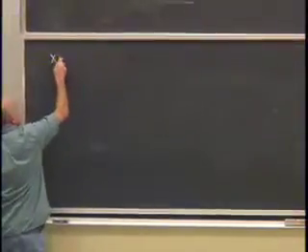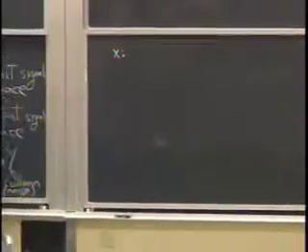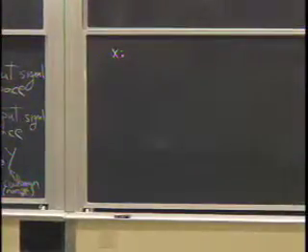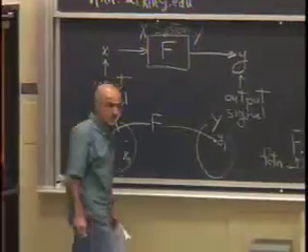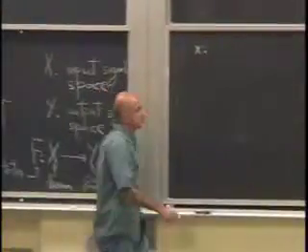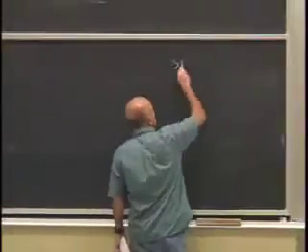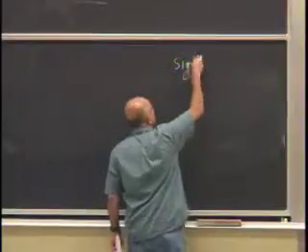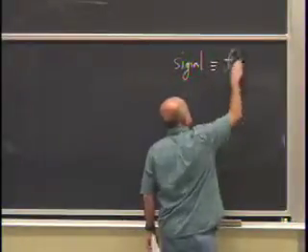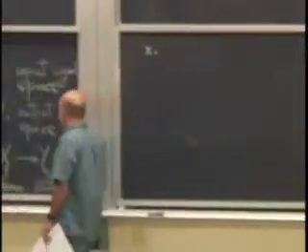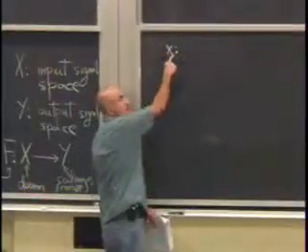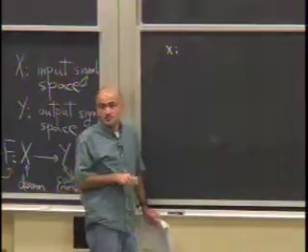X, we said, is a signal, and we use the terms signal and function interchangeably in this class. Any signal is a function, as far as we're concerned. Signal is a function.